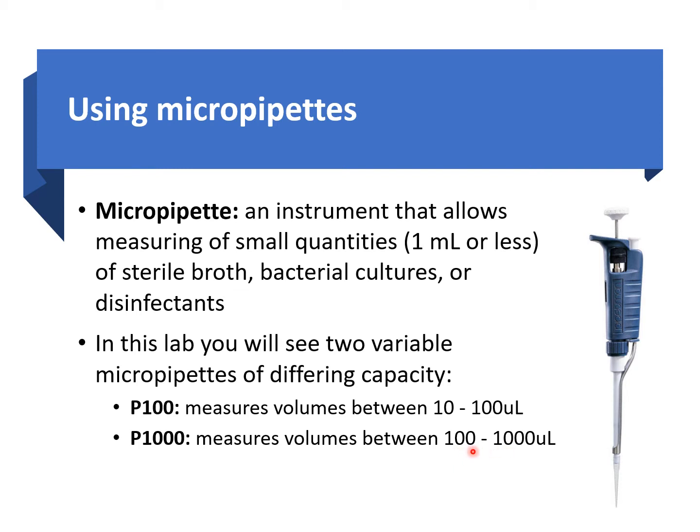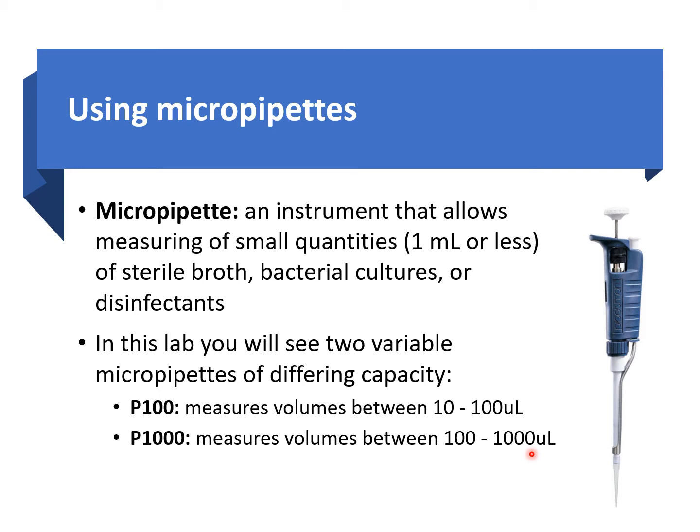Anything in between 100 and 1,000 microliters, you can set your P1000 so that it measures anything in between. Now, when you set your micropipettes, you never want to set them to anything below the minimum or above the maximum.